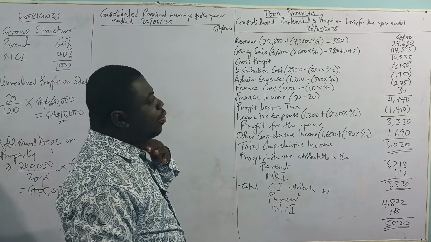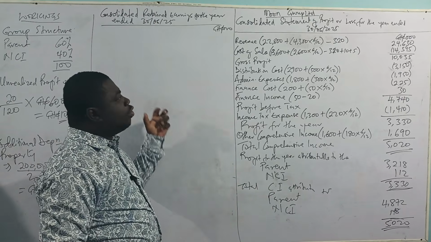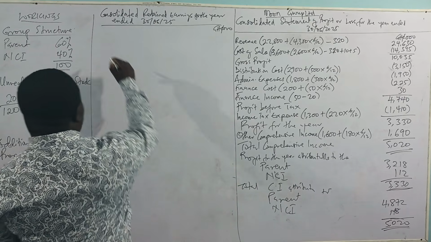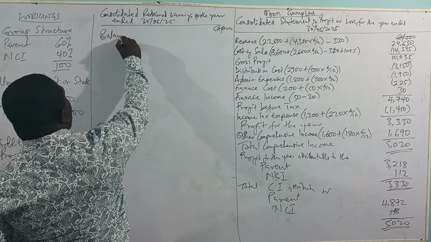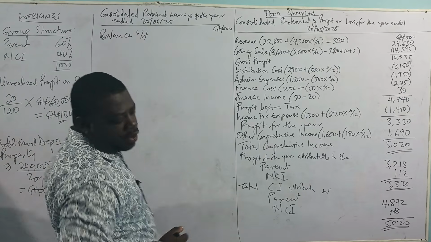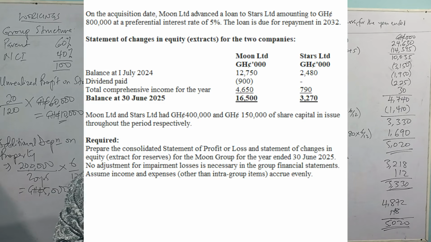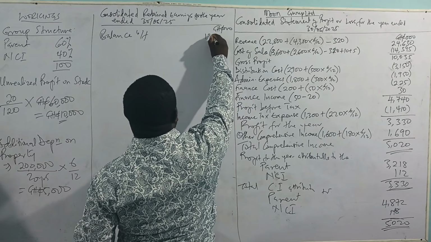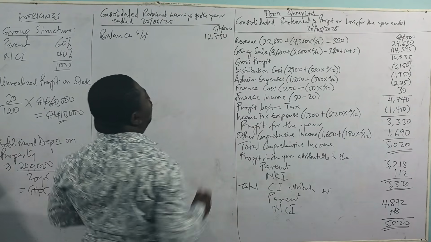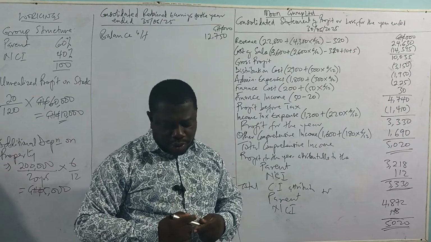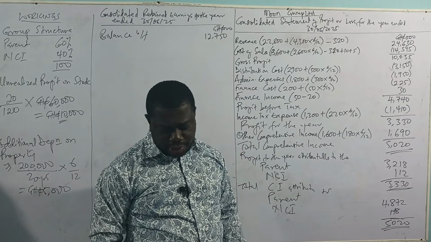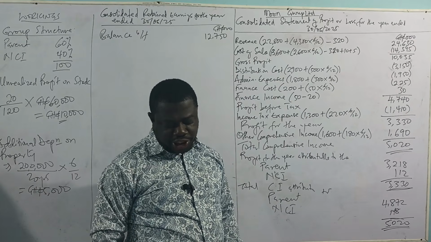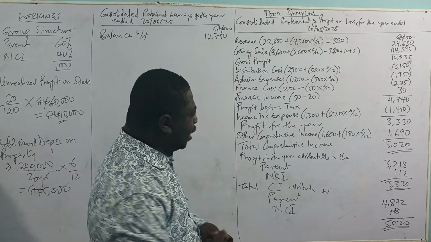So we know that already from our previous videos, the group income surplus. We always begin with that of the parent. So the balance brought forward for the parent. In the question, the additional information, we have it down there, is 12,750. And then we can add their share of the other comprehensive income.